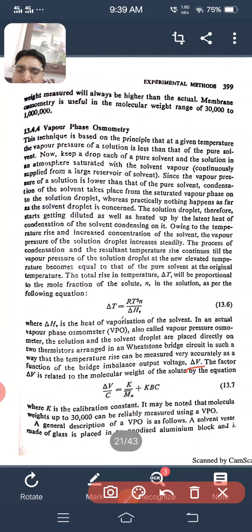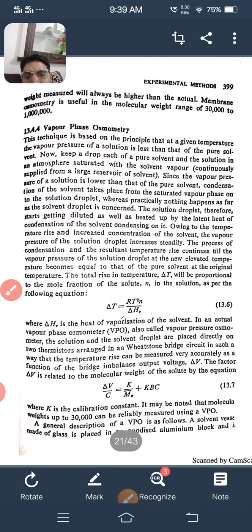Delta V upon C is related to the molecular weight of the solute by the equation: delta V upon C equals K upon M bar n plus K B C, where K is the calibration constant. It may be noted that molecular weight up to 30,000 can be readily measured using VPO.